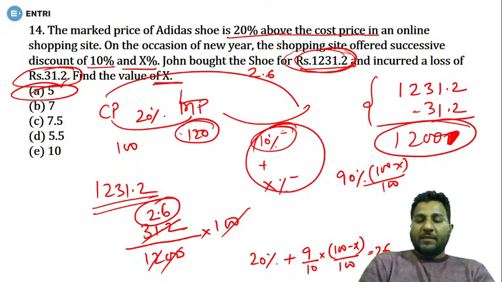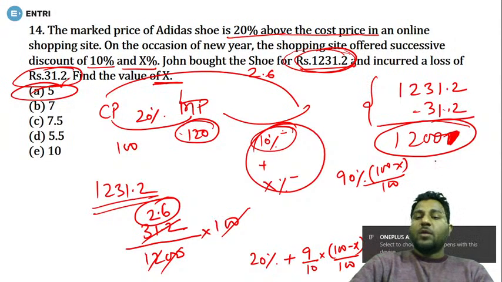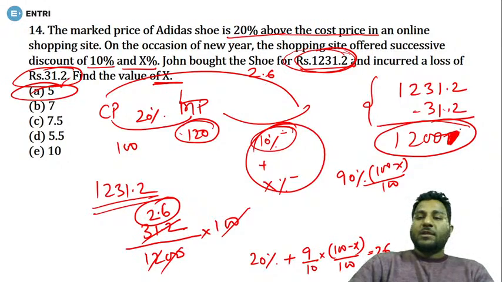But remember this, that 31.2 is nothing but a loss. So we will subtract this loss to find the actual cost price, and the cost price will be 1200.